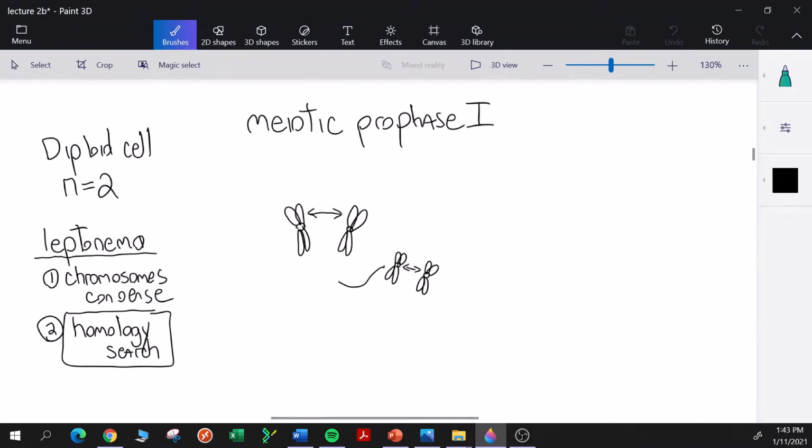This one down here will not be paired with that one. There's some sort of process that allows the cell to know when it has paired together homologous chromosomes and when it has tried to pair non-homologous chromosomes. So that homology search process begins during leptonema.